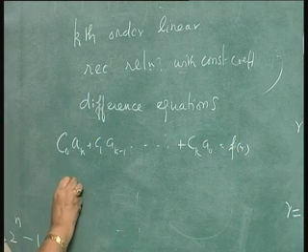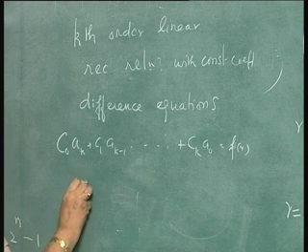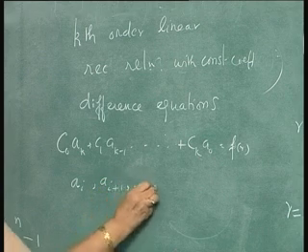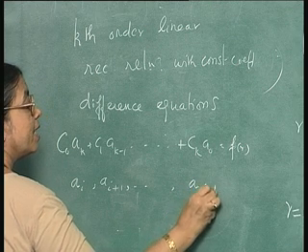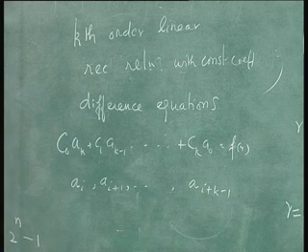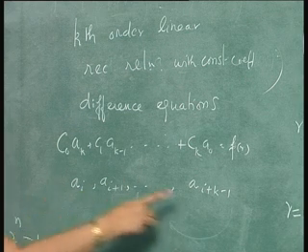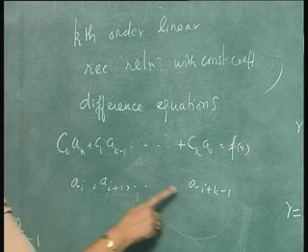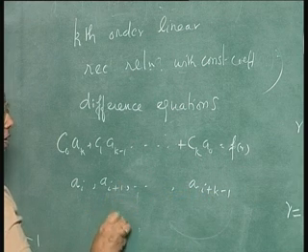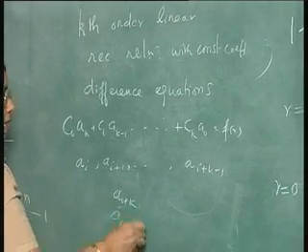Now, if you have consecutive values, say AI plus 1 etc., AI plus K minus 1, K consecutive values of the function, this will give you the boundary condition. From this you can find out all the other values. Suppose I have the values for AI plus 1 etc., AI plus K minus 1, I can find the value of AI plus K. From this I can find the value of AI plus K plus 1 and so on.